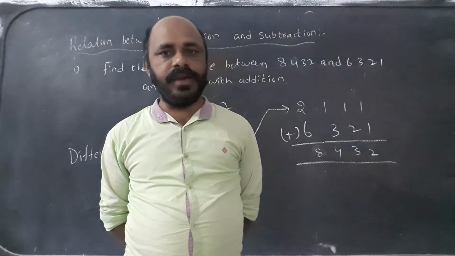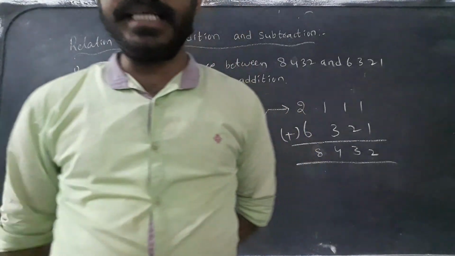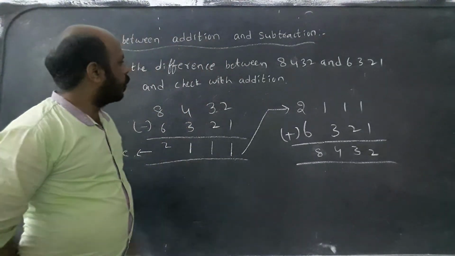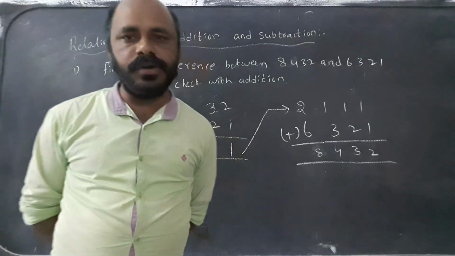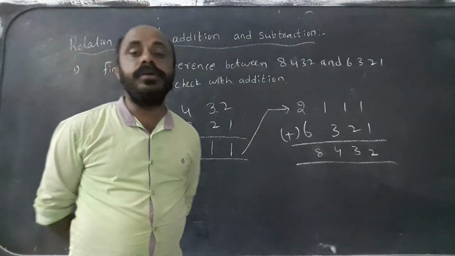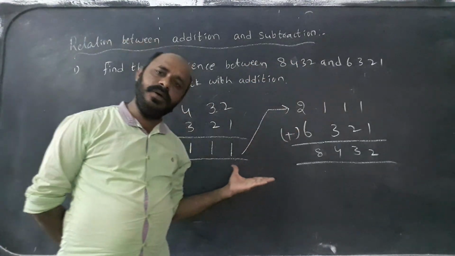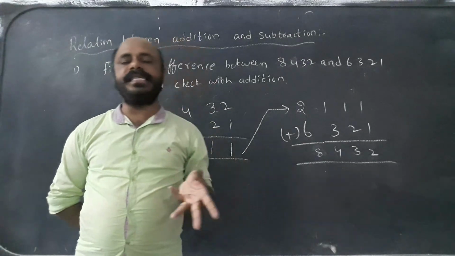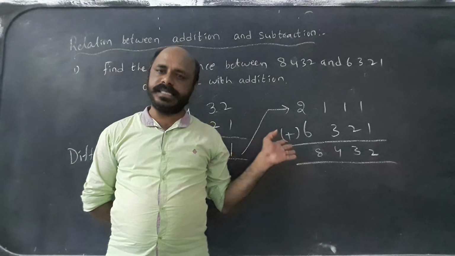Three methods he will give with check with addition. See, next thing: I explained on the board only 4-digit numbers. He will give 4-digit numbers, 3-digit numbers also, and it will be the same process.